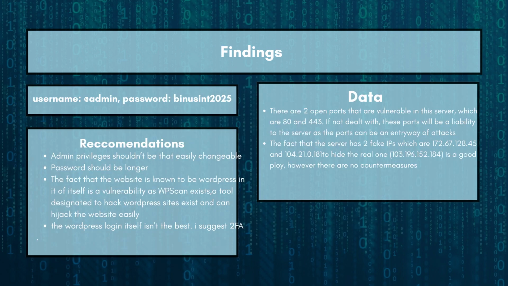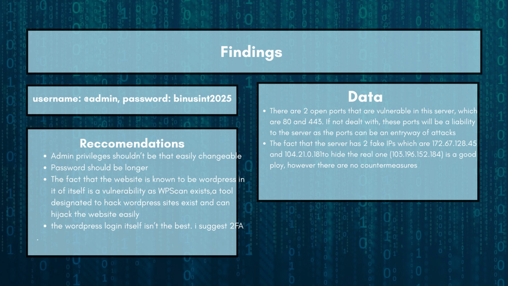Like I stated before, I wasn't able to get root access. However, these are my findings. First of all, there are 3 open ports: 80, 443, and 1443, and that's vulnerable. If it's kept like that, it's going to be really bad.